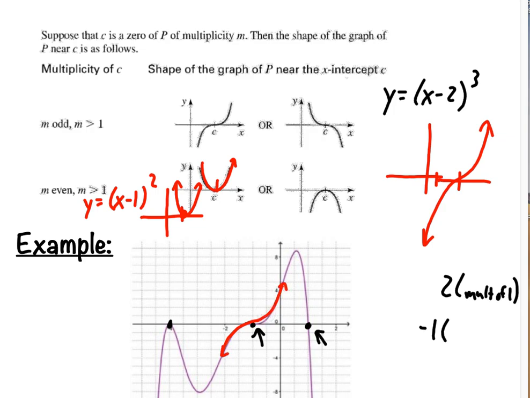Because it's doing that kind of a curve, we know that it has an odd multiplicity. And then over here at this one spot, we know that it has an even multiplicity because it's bouncing at that spot. It's starting going up and then it comes back in the same direction. So it has an even multiplicity.